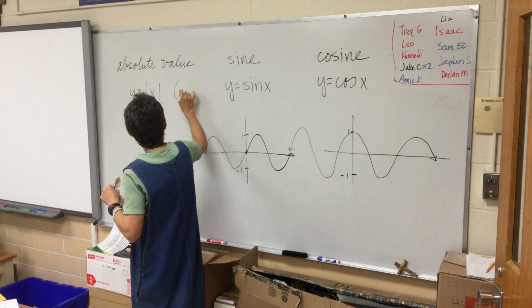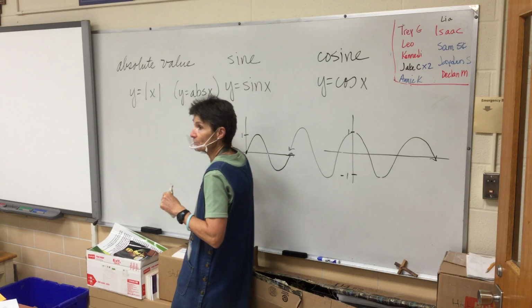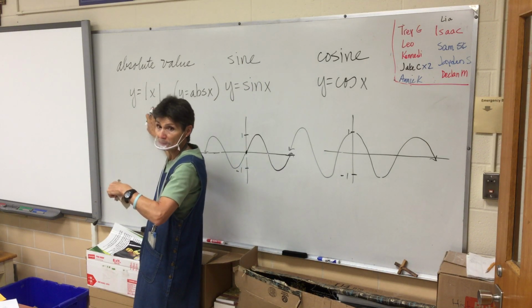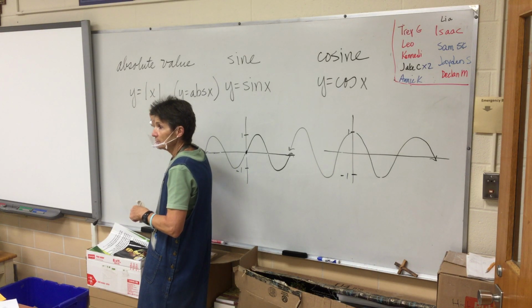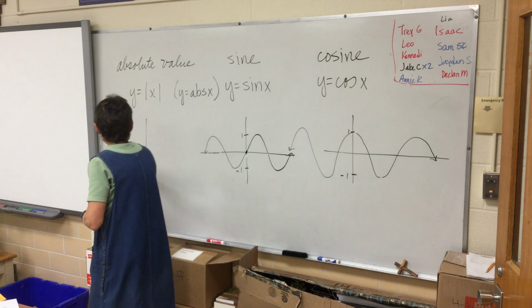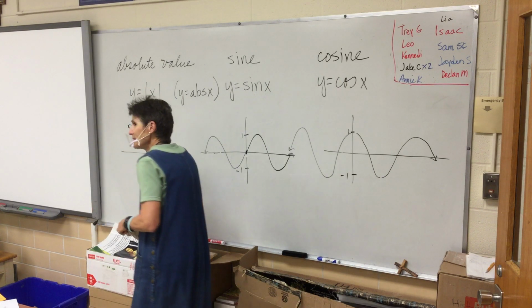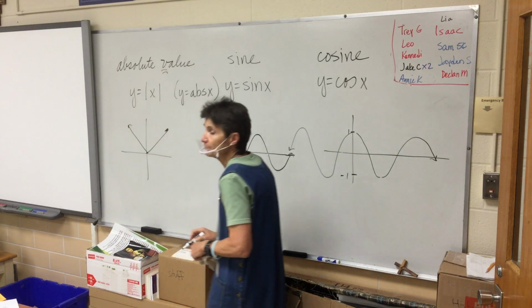On our calculator, it's ABS, absolute value. But when we see an equation on a piece of paper or in our book, it's going to say this. And that shape is your V. That's easy to remember because absolute value, V.